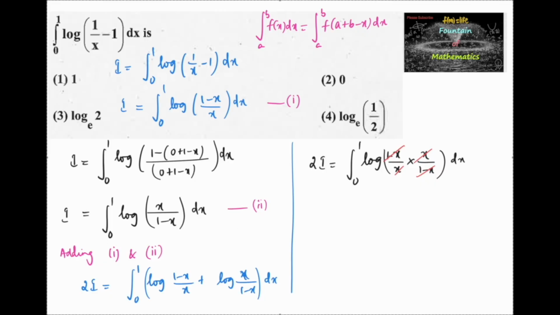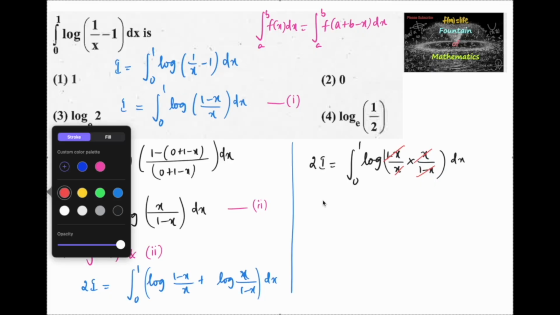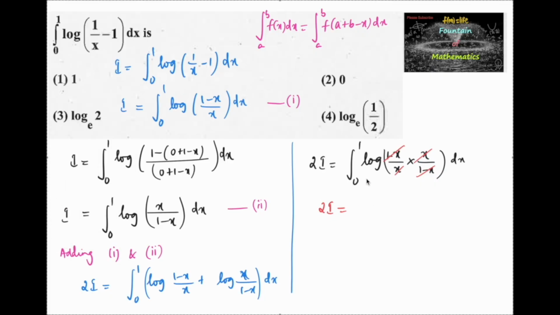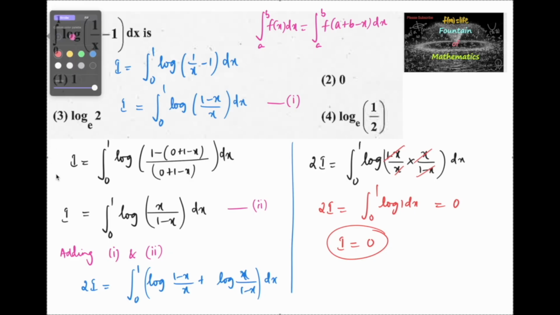So log 1 is 0. So 2I is equal to integration of 0 to 1 log 1 dx, which is equal to 0. So I is equal to 0. So we can give the option 2.